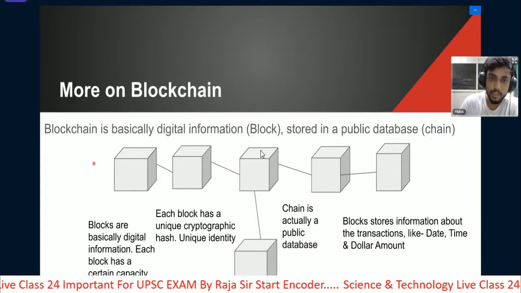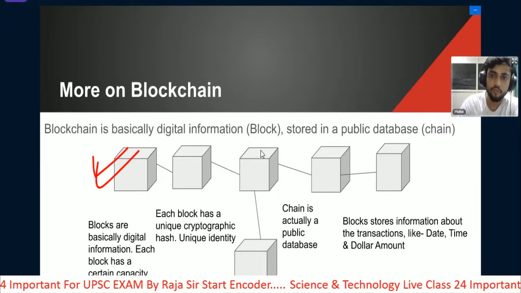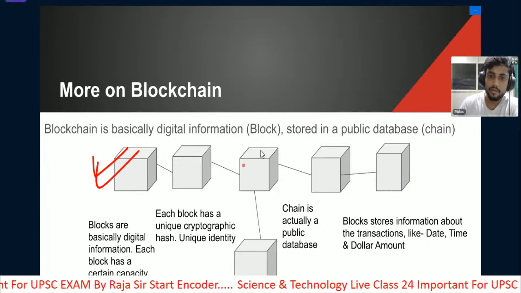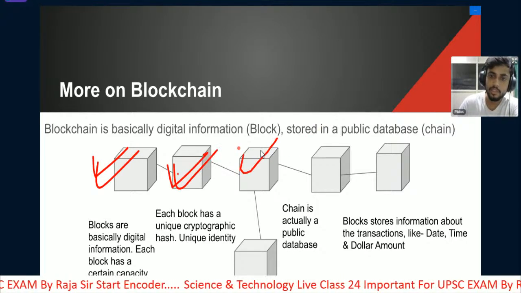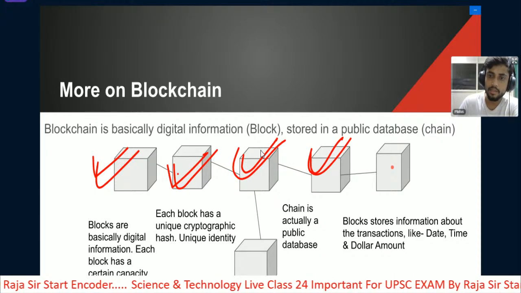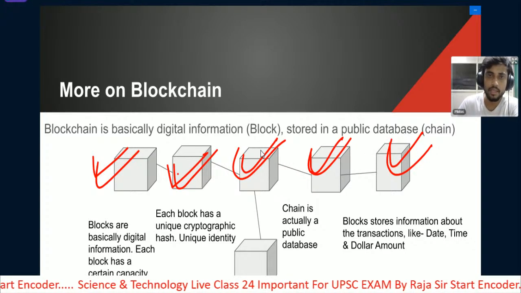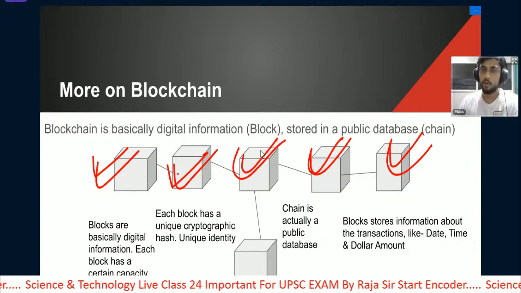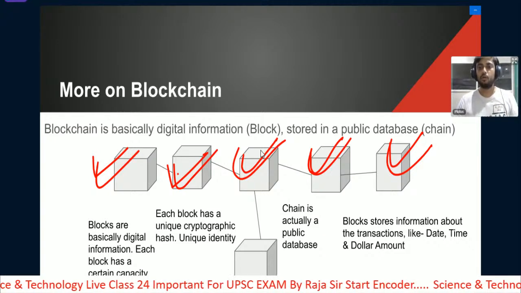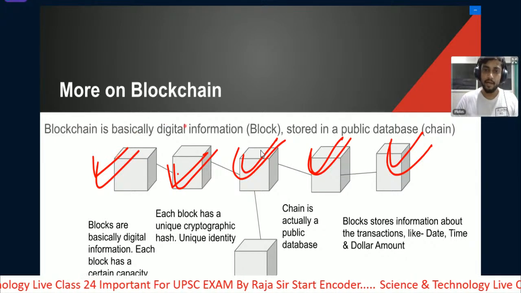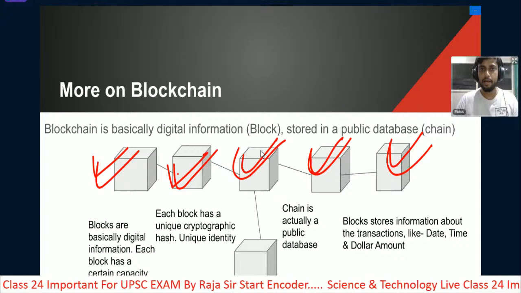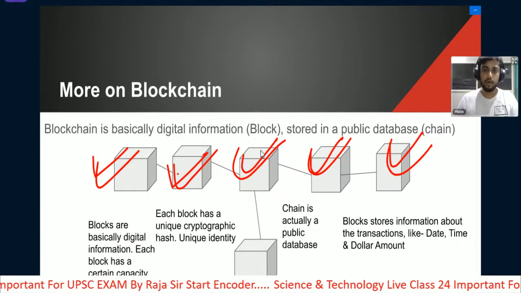So these blocks are basically blocks of digital information. These are digital information stored in the form of blocks, and these blocks are connected to one another cryptographically. We all know the meaning of cryptography, and all of this data is connected to one another and secured by the use of cryptography.